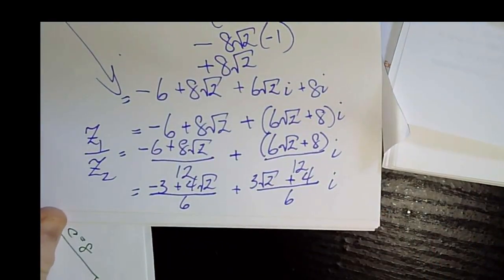So the quotient of those two rectangular complex numbers is this mess. That's fine. Let's divide two numbers that are given in polar form.